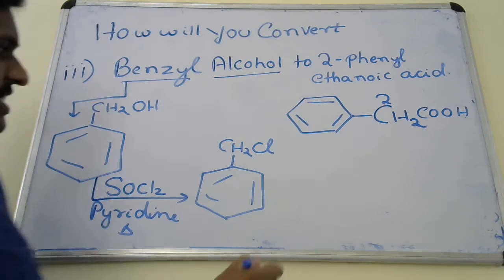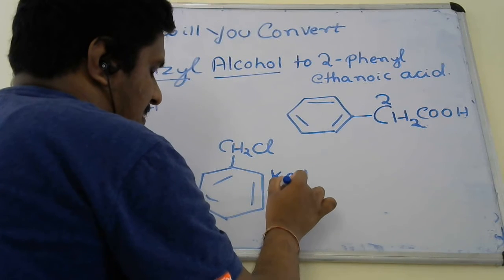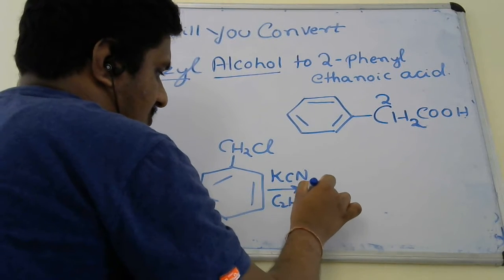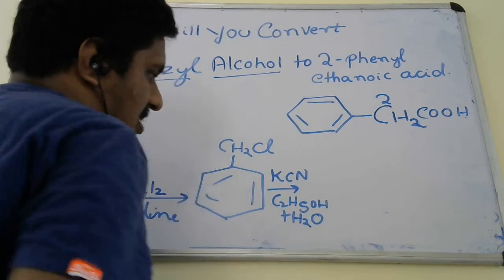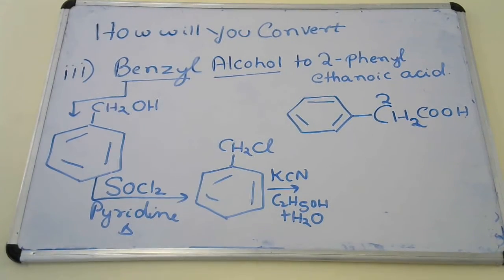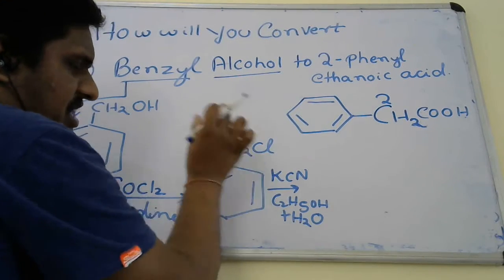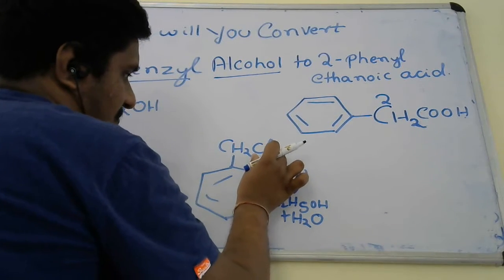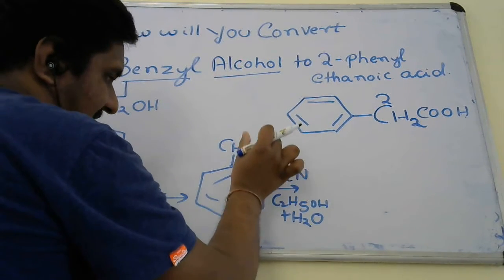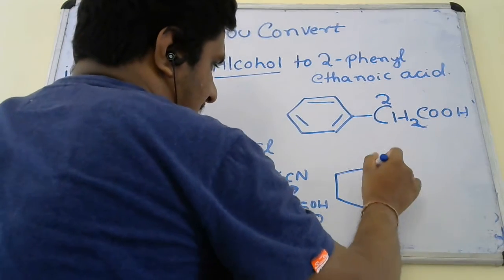Next we provide KCN in presence of a solvent, C2H5OH and H2O mixture. What will happen? There will be nucleophilic substitution. Chlorine will be replaced by cyanide.